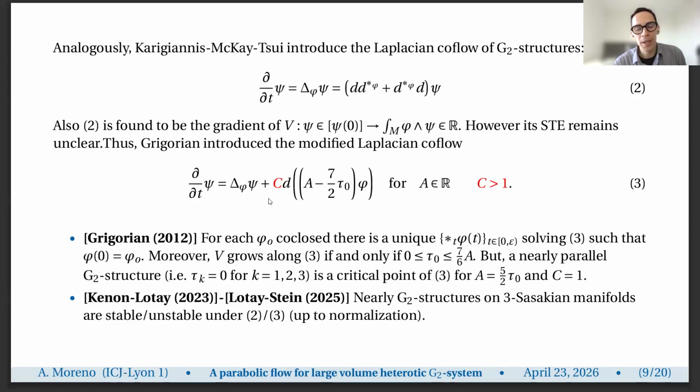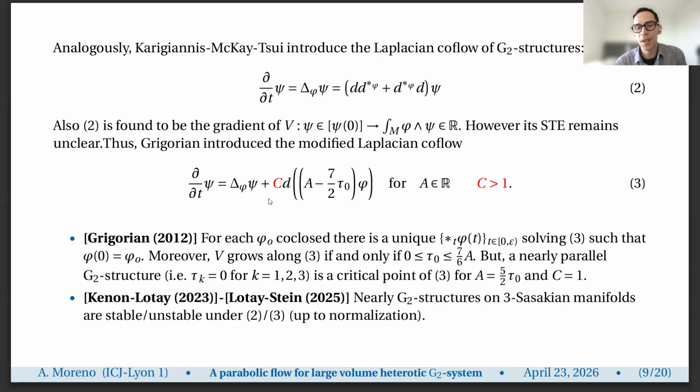And it was also proved by Kennon and Lotay, and also in another paper with Jacob Stein, that for a very particular ansatz of nearly G2 structures on Fano-type manifolds, the canonical nearly parallel G2 structure, which can be constructed in these manifolds, is stable in the case of the Laplacian coflow, but unstable in the case of the modified Laplacian coflow.